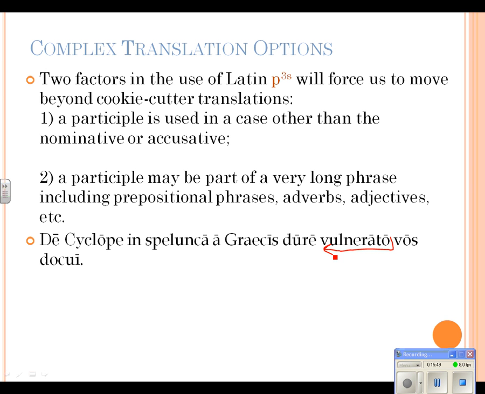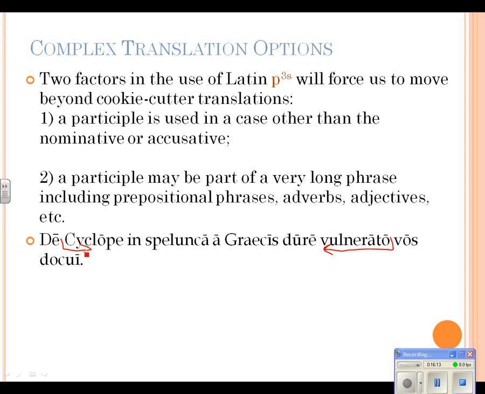Graikis is plural, vulnerato is singular. Is it the spelunka? No, and I'll tell you why. Because vulnerato is masculine and spelunka is feminine. So instead, you have to do what Charles did.